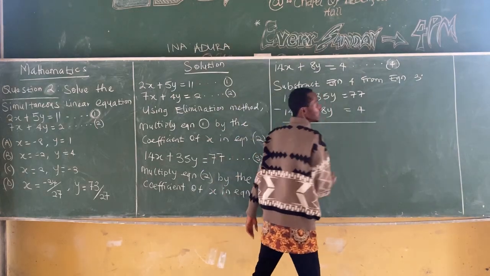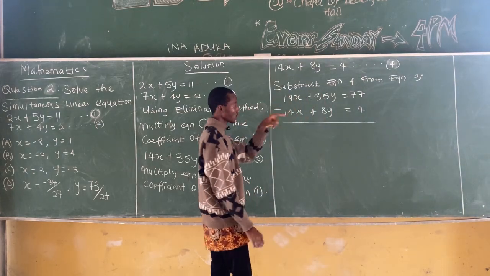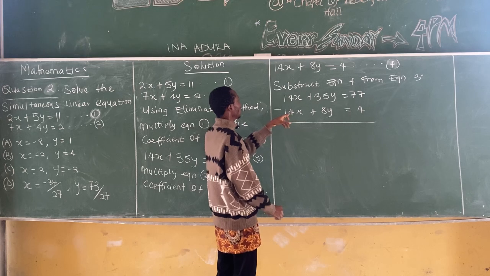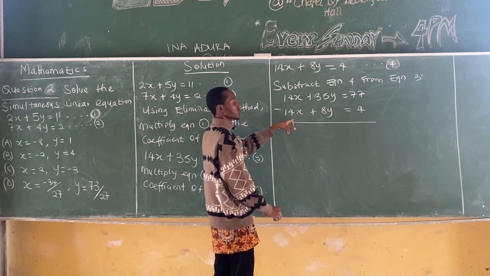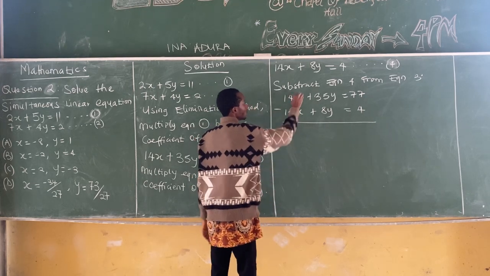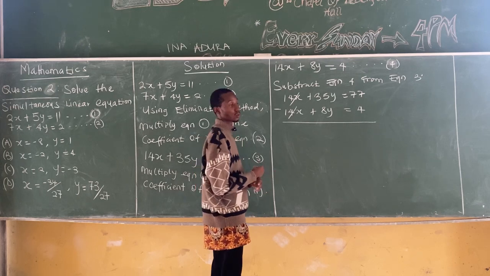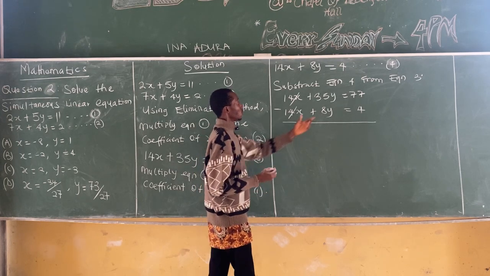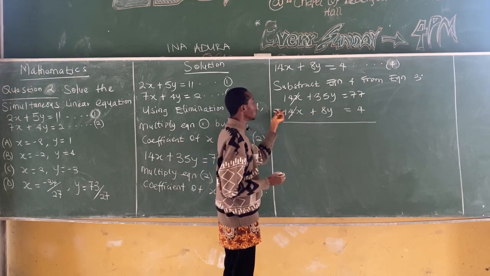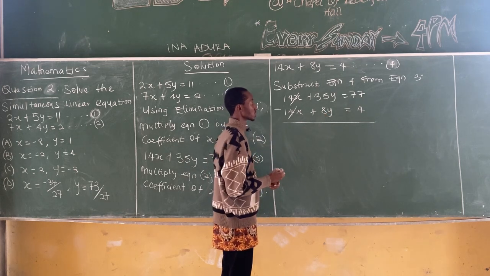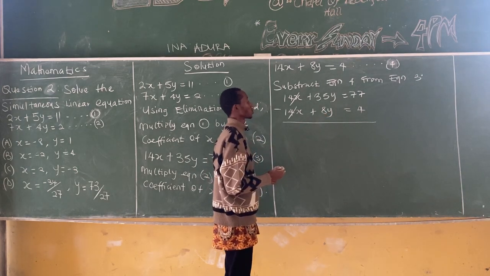When we subtract this, we have 14x minus 14x will give us what? They will cancel out. It will give us 0. We have 35y minus 8y will give us what? 35 minus 8 will give us what?